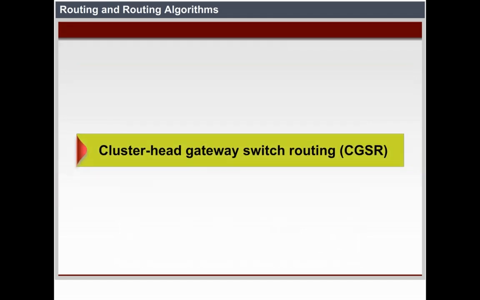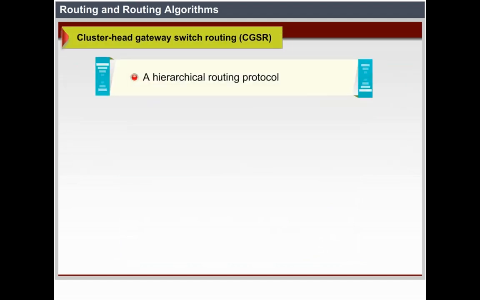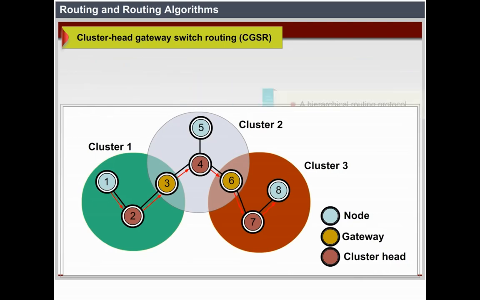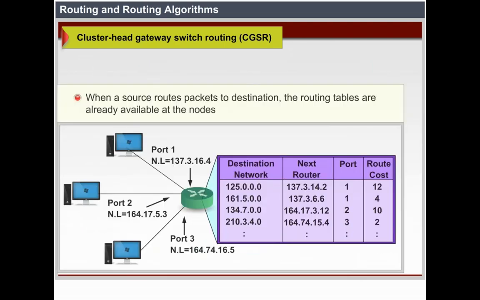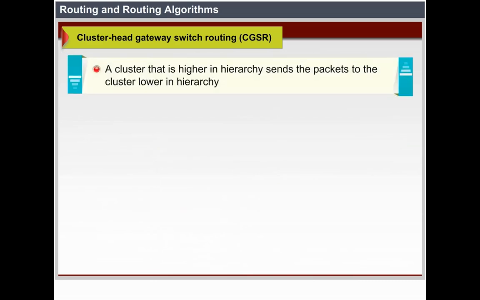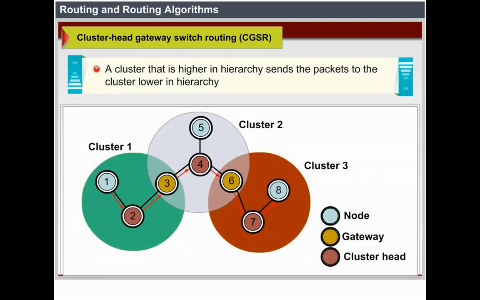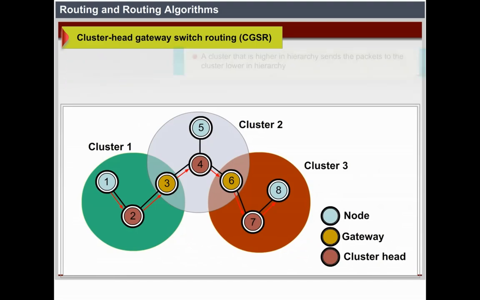Cluster Head Gateway Switching Routing, CGSR. A hierarchical routing protocol. Proactive protocol. When a source routes the packets to destination, the routing tables are already available at the nodes. A cluster higher in hierarchy sends the packets to the cluster lower in hierarchy.